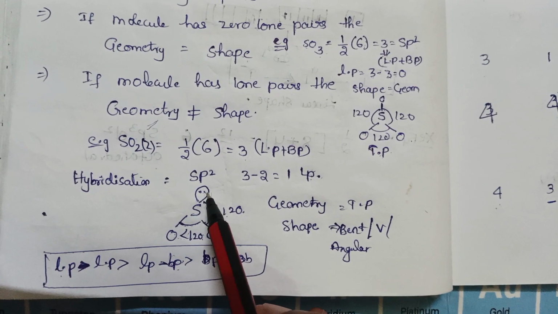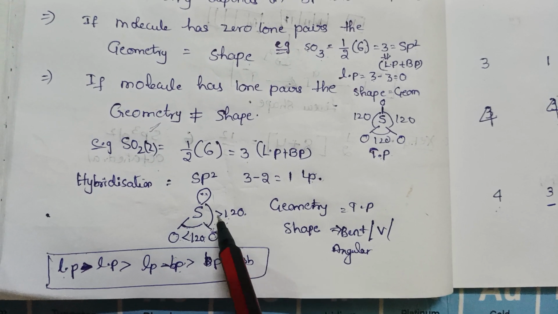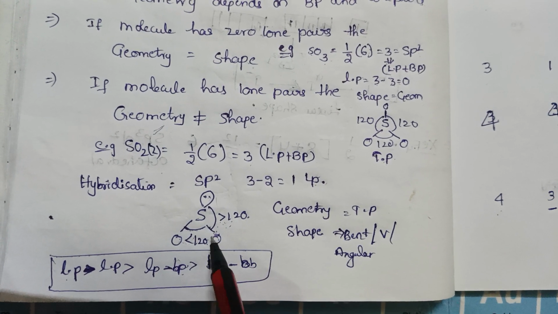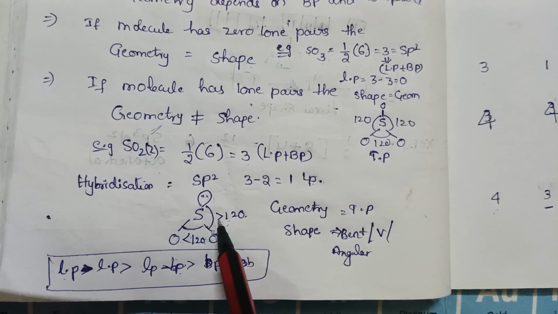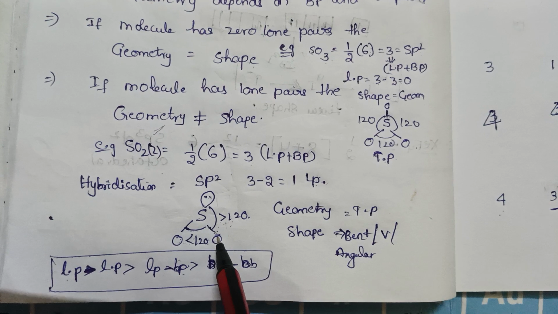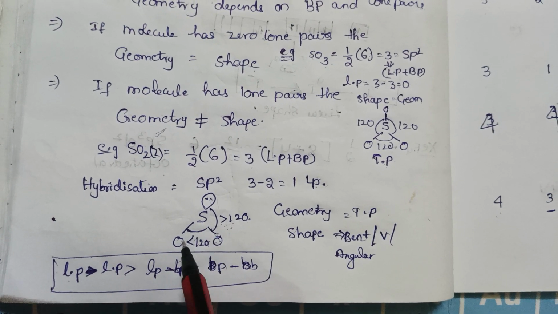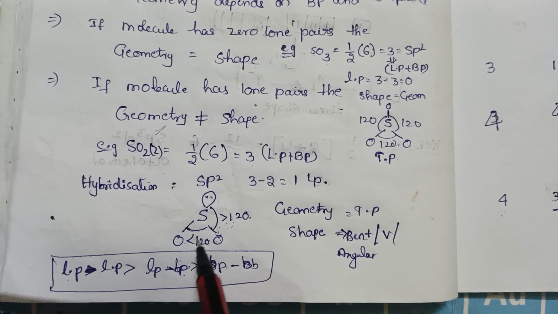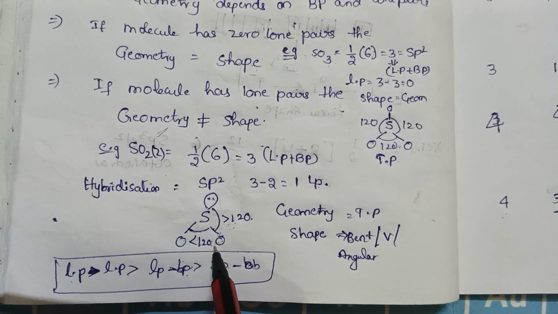The repulsion between a lone pair and a bond pair is more than between a bond pair and a bond pair. The bond angle between the lone pair and bond pair is greater than 120, while the bond pair repulsions are less, so the bond angle between bond pairs is less than 120.